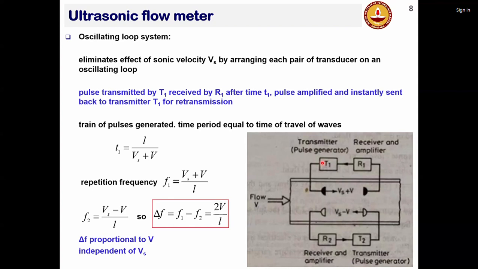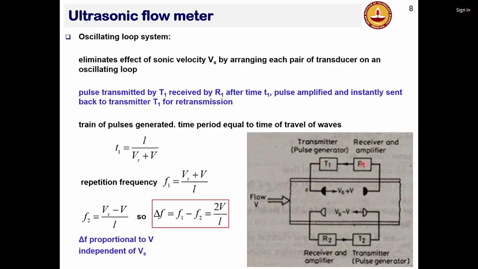So you can see that this goes in the loop. The pulse that is transmitted by T1 is received by R1, but then after some time, this received signal is fed into the transmitter, and then again this is retransmitted.